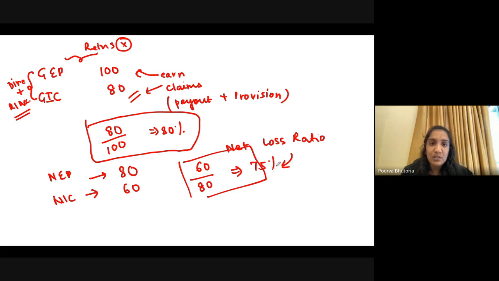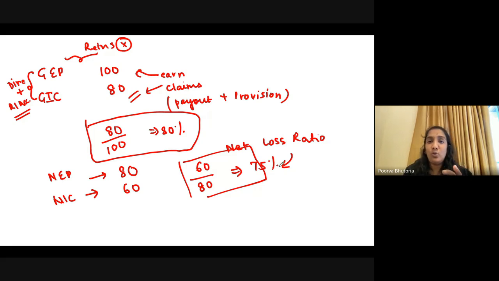Now, you should be aware of the net loss ratio, at least at the company level. When ICICI earns 150, it gives away claims of about 120. So this is the net loss ratio.